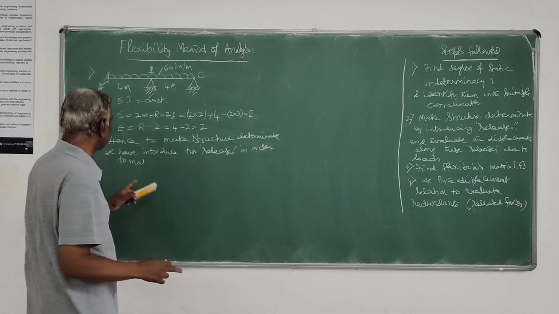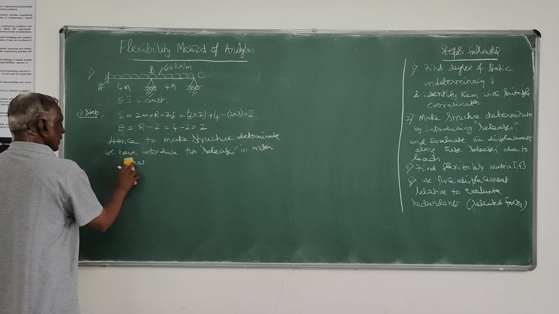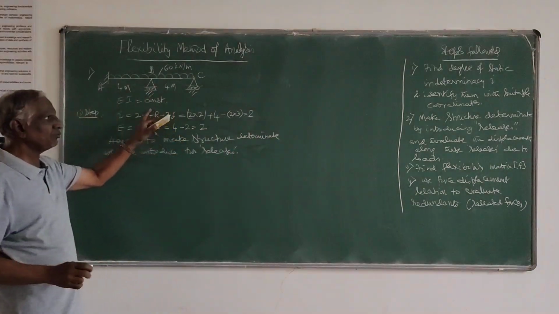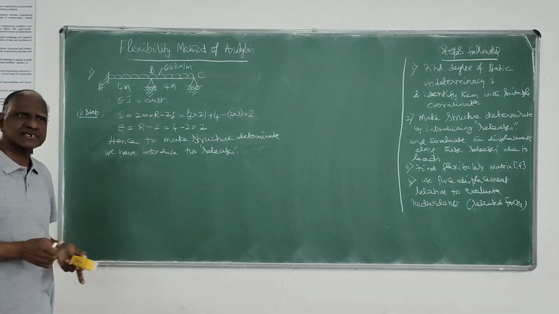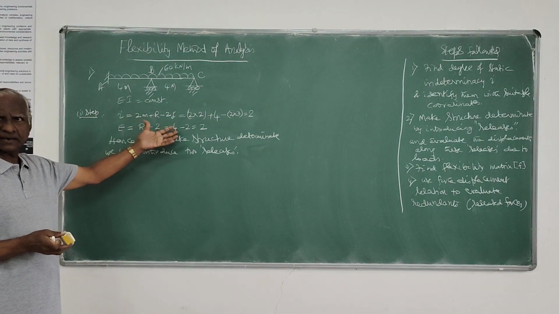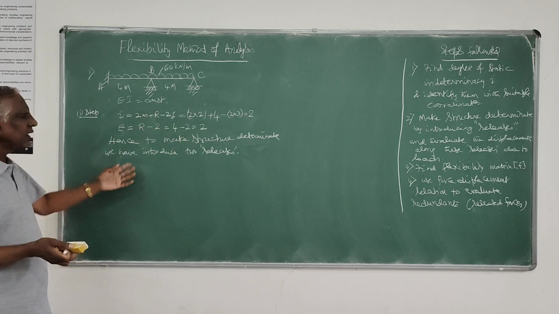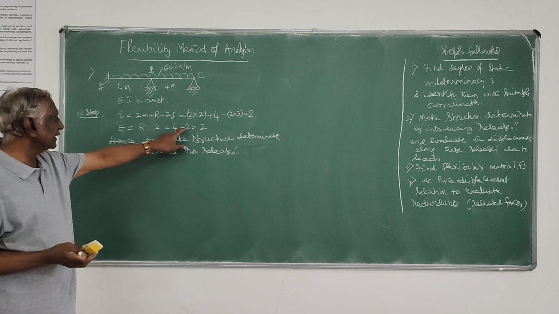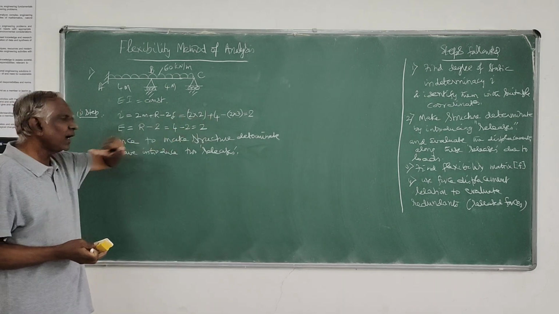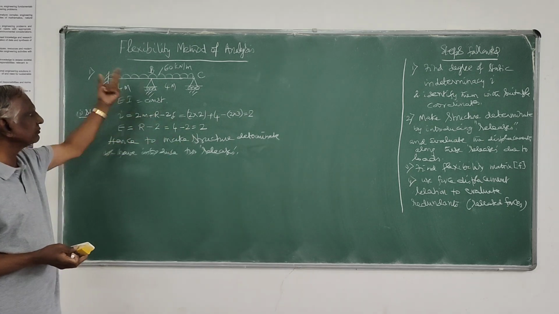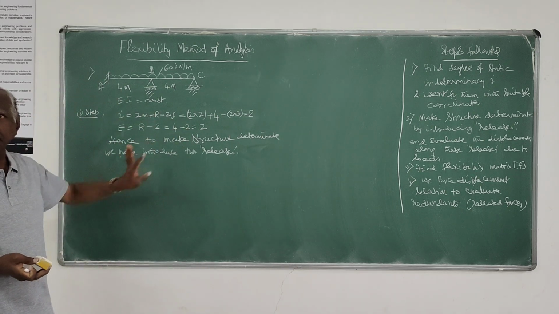That is why we have to determine first its degree of static indeterminacy, to know how many forces we have to remove in order to make the structure determinate. So since the structure is externally indeterminate to the degree 2, we can remove 2 of the external reactions.